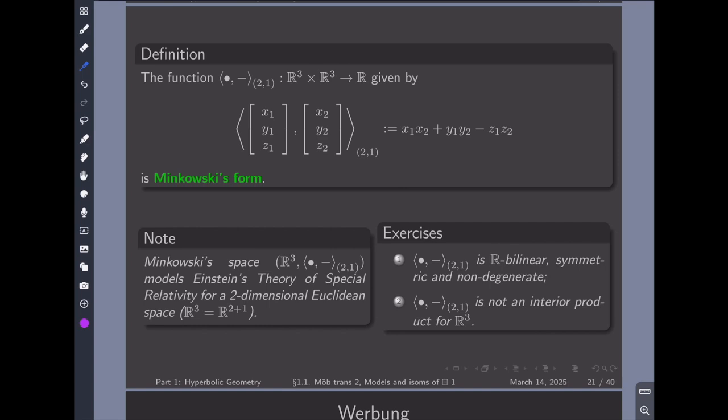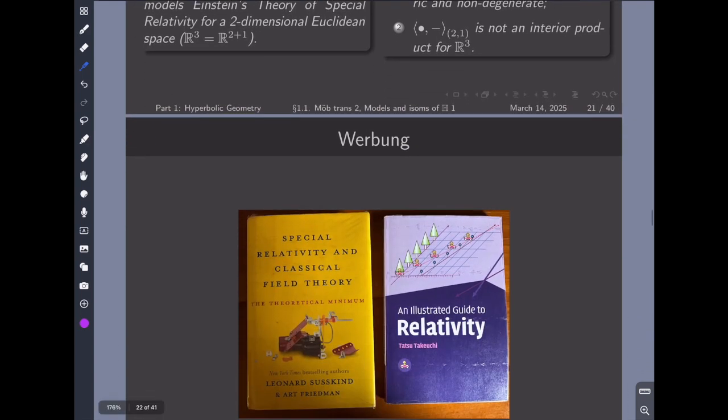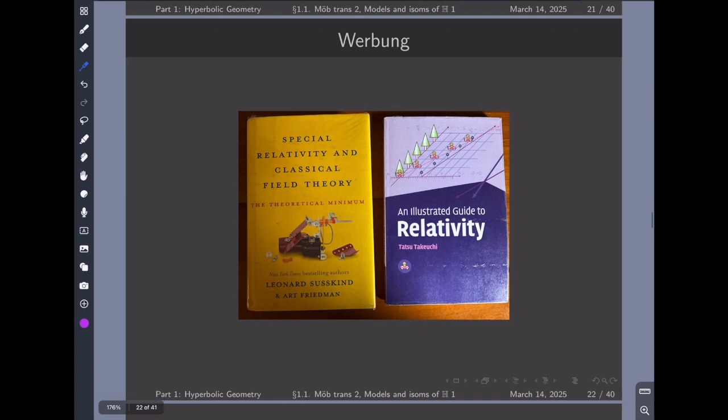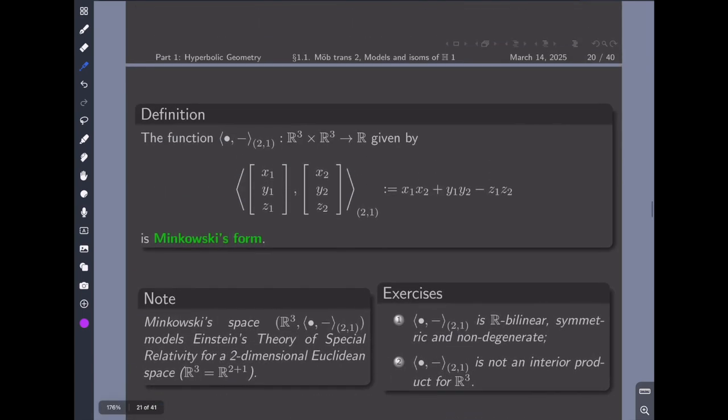On Wednesday I'm just going to talk about the upper half plane directly. The one point is that R3 with Minkowski's form actually gives you a model of Einstein's theory of relativity. You probably know this already, where the space is two-dimensional.